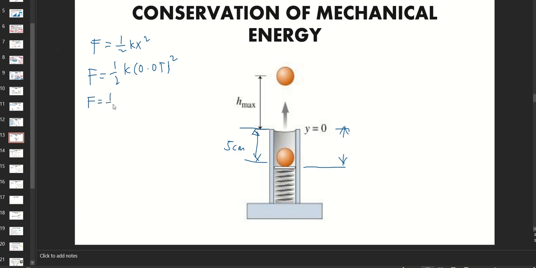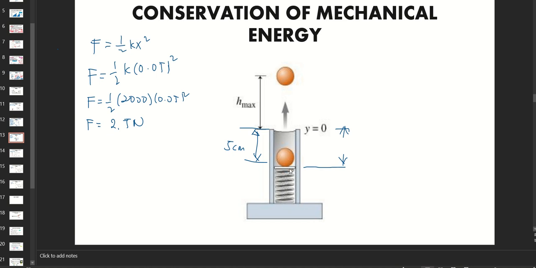So it's 1/2 times 2,000 times 0.05 squared. That's basically equivalent to 2.5 newtons. Okay? So that's the spring force.